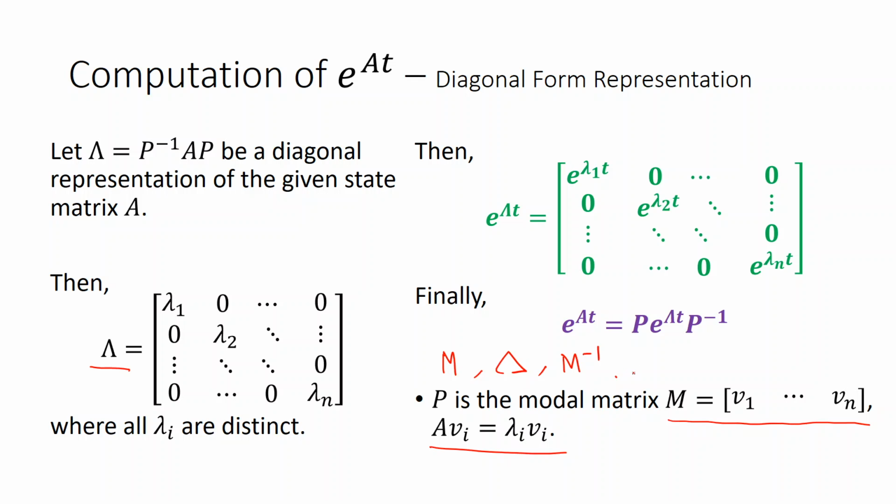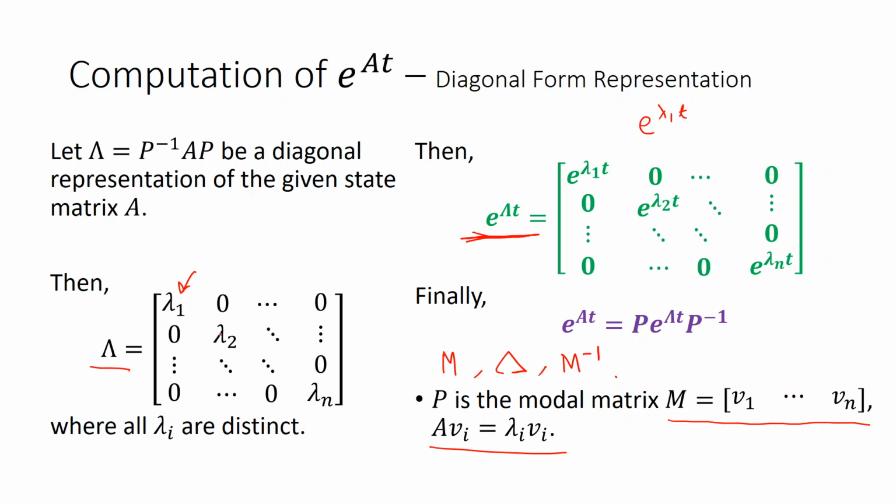Now we need to find out the state transition matrix. The state transition matrix in the diagonal form is very easy to compute. It is simply e to the power of lambda 1 t, lambda 2 t, and so on in all these diagonals. Whatever is the eigenvalue in the diagonal, you just raise it to the exponential e to the power of lambda t.